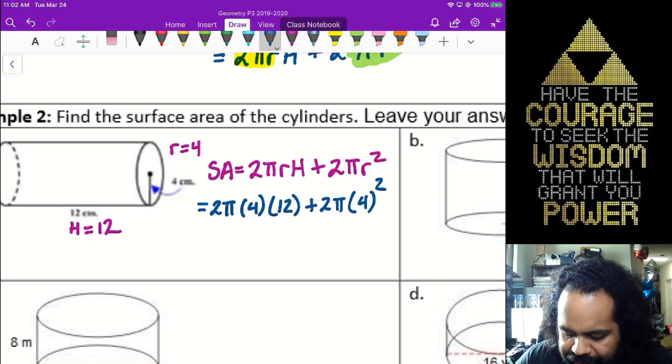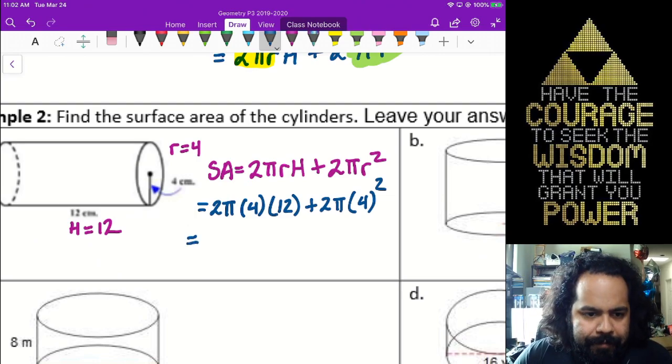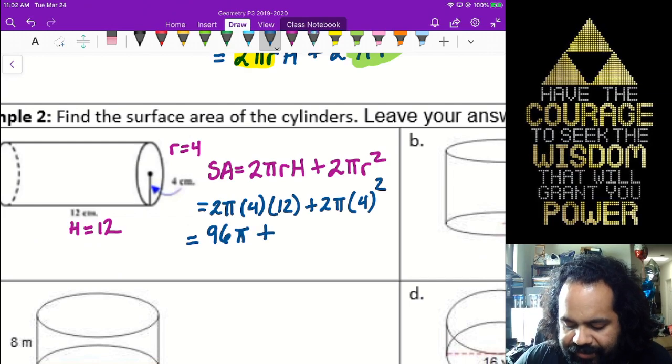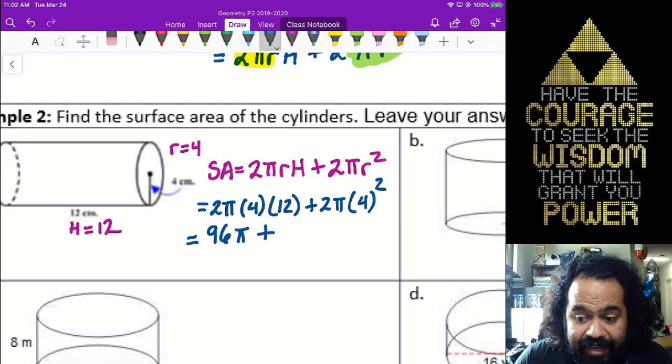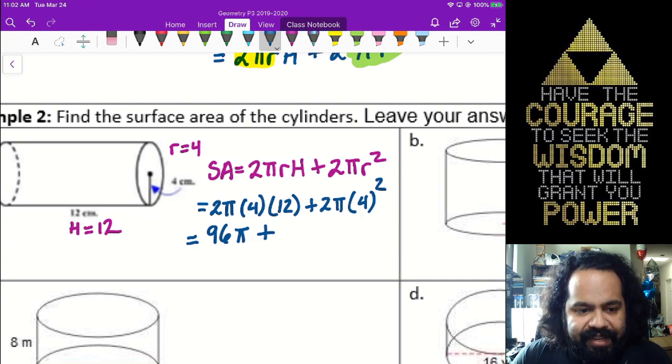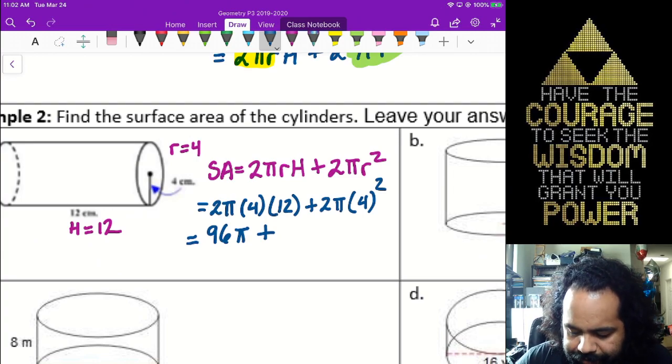So now you're just going to multiply everything out and then combine like terms. You're going to leave the pi as part of your answer. So we're going to have 96 pi plus 4 squared is 16. And again, you got to make sure you follow your order of operations. So you're going to have 16 times 2. So that's going to get you 32.